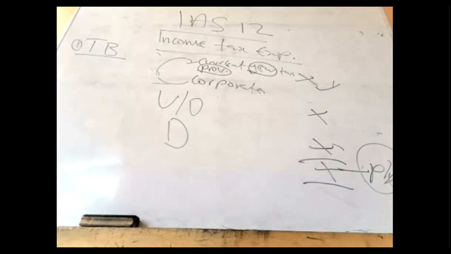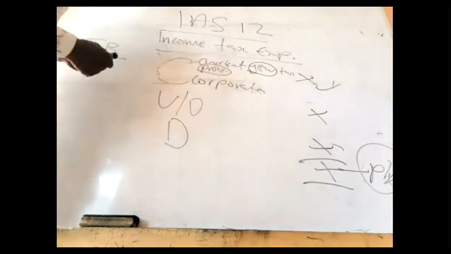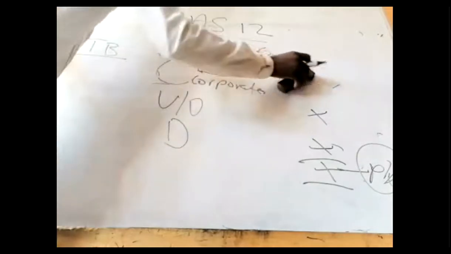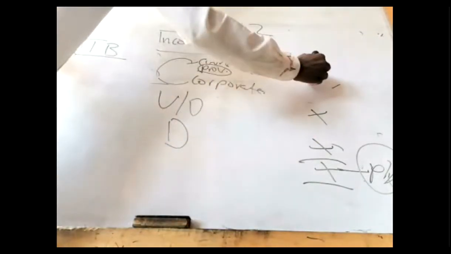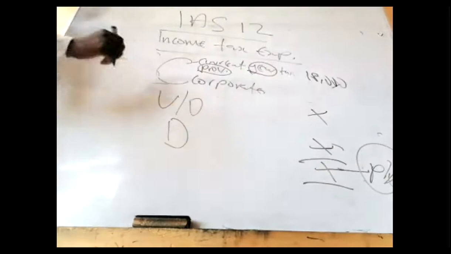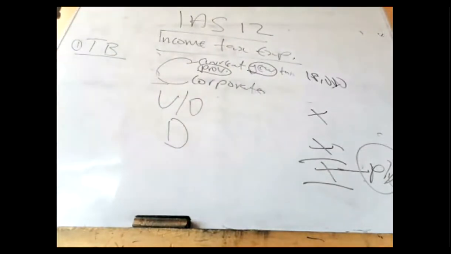So in that case, you can put 18,000 here from the trial balance. And that is all. It's not going anywhere again. You don't send it to the financial position. Okay, I'm done with the trial balance.